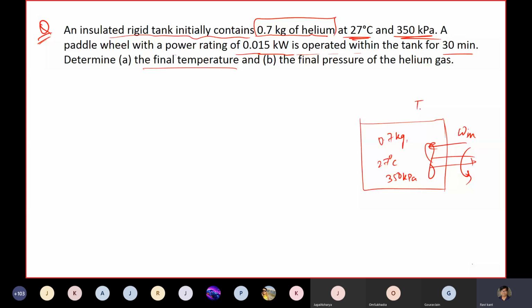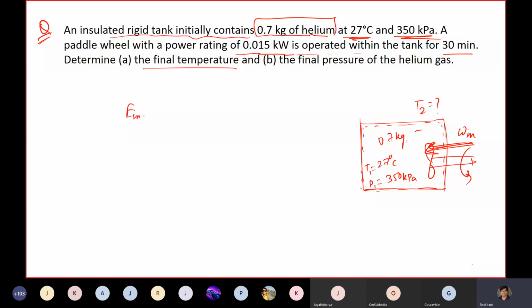So how to take up this question? Again, first law of thermodynamics. This is my system. You should choose the system first in every question. Here work in is happening and there are no heat interactions. So what is your first law?